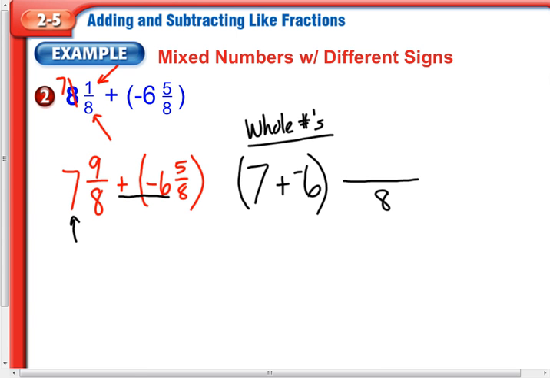Again, if you don't like that technique, you can always go back to converting them into an improper fraction. I just want to show you that I can convert this to improper. So multiply, add.